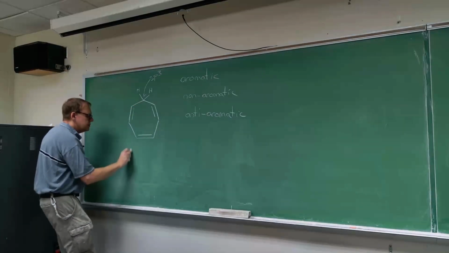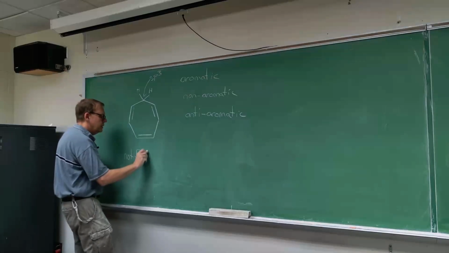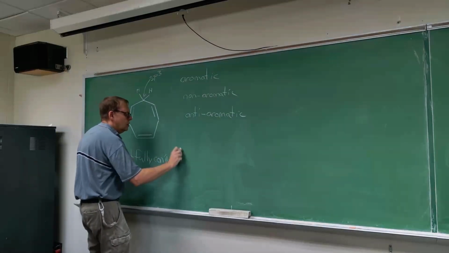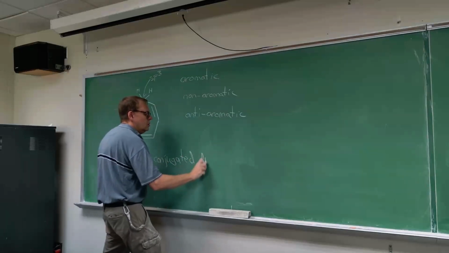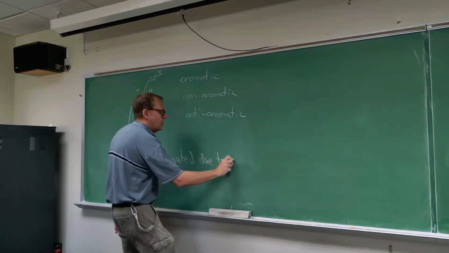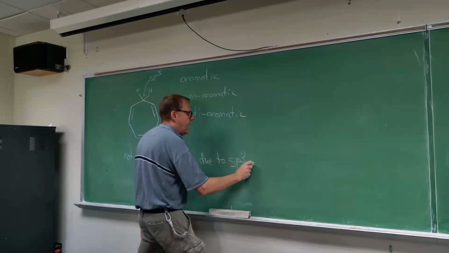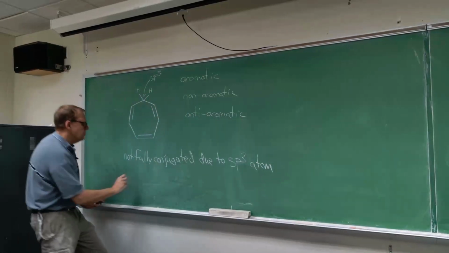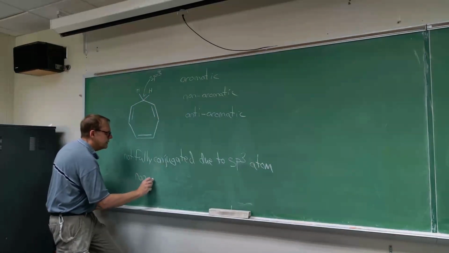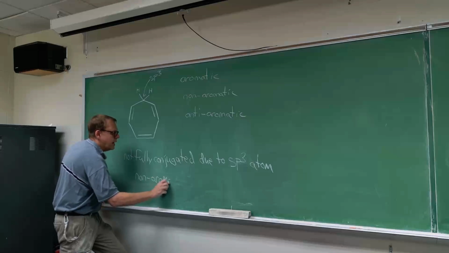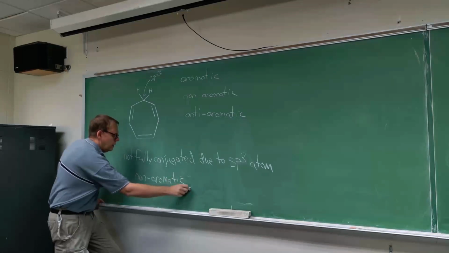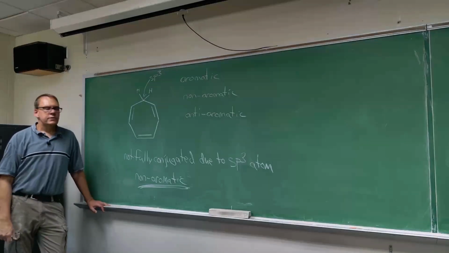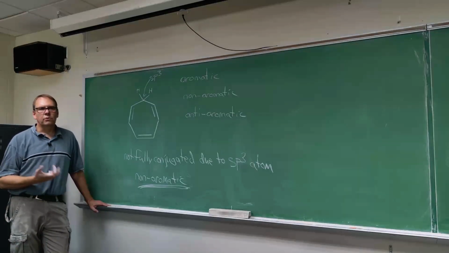So this molecule is not fully conjugated, due to the sp3 atom that has no p orbital on it. So this one is just by default non-aromatic. It doesn't matter how many pi electrons it has. Any non-conjugated molecule is always going to just be non-aromatic. So it doesn't have any special stability or instability.